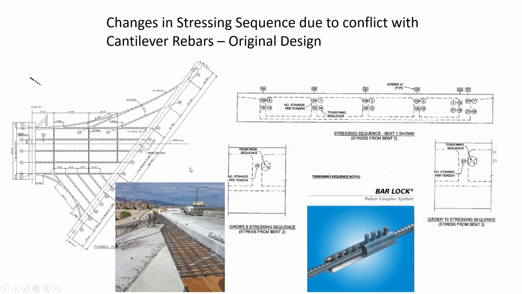So we changed directions and said to stress from the other side, except for girders 8 and 13, which it was not possible for the contractor to stress from inside the cells. After these bars were cut, and only at this location, girder 8 and girder 13, we used couplers to restore the length of the bar.